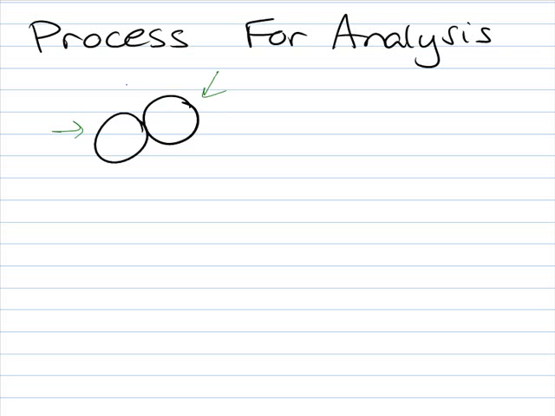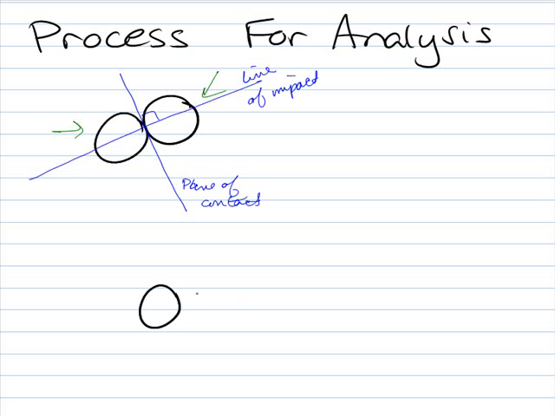We draw our plane of contact, and then perpendicular to that is our line of impact. Remember doing that vaguely? Okay, let me draw it straight up and down just to make it a little bit easier. Plane of contact, line of impact.